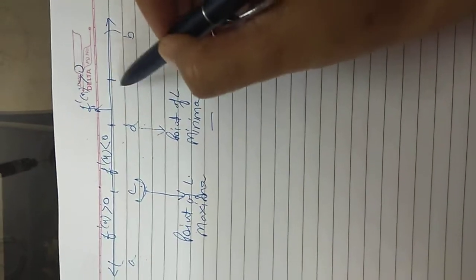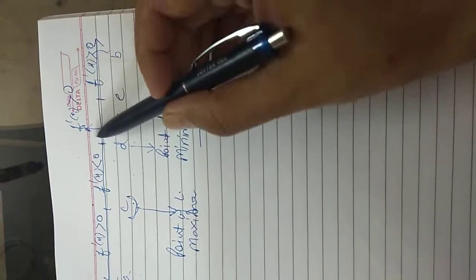And by chance what is happening around e, before e the derivative is positive, and after e also the derivative is positive. That means there is no change in the sign of the derivative before and after e.